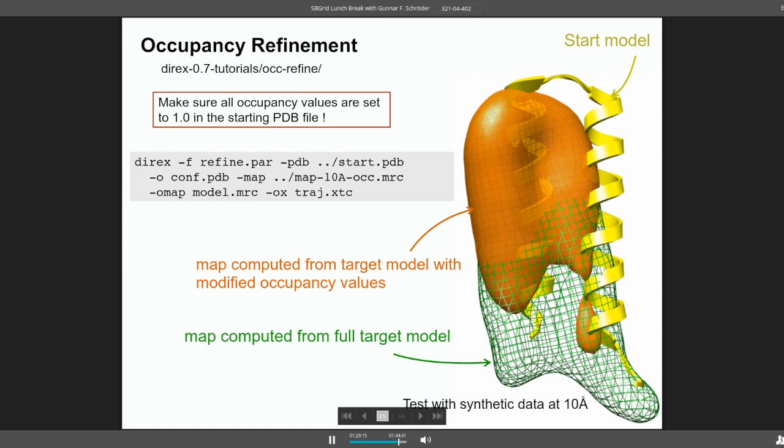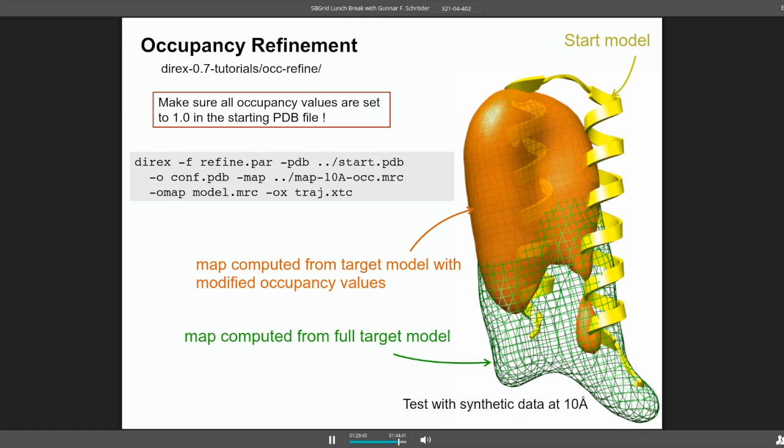Another thing that is useful: oftentimes in a larger protein complex, there are some regions of your model that are not resolved that well, and maybe some loops are missing, or some entire domains have very weak density. Then this missing density can lead to an artifact in the fitting of your model.